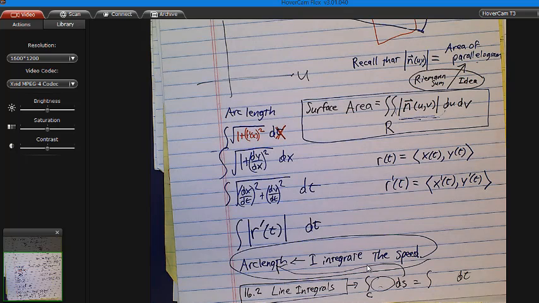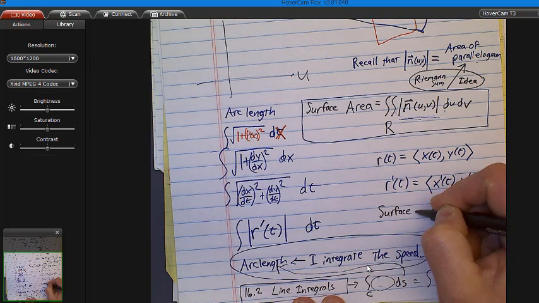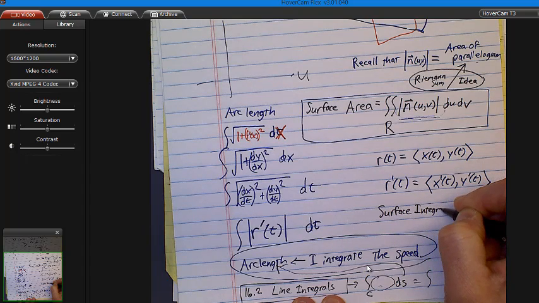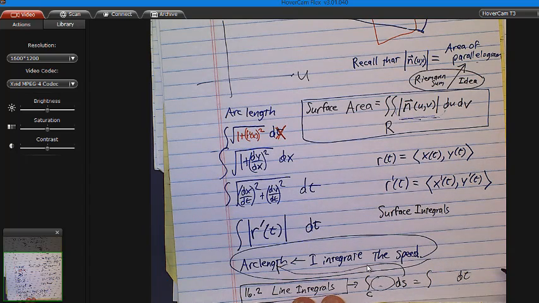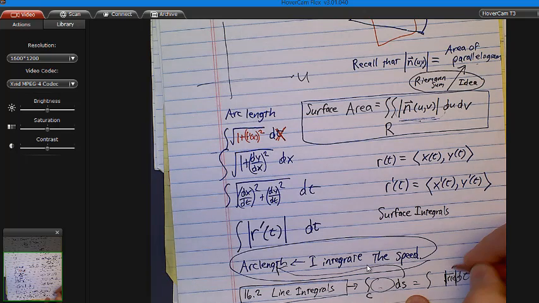So, I guess what we're going to do now is we're going to do surface integrals. And just like when you guys may have noticed that the absolute value of r prime of t shows up here, when you change from arc length, you might call this the arc length element.